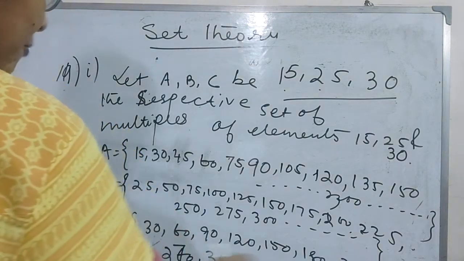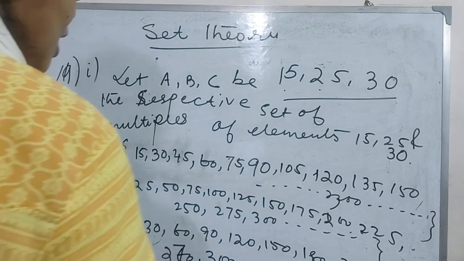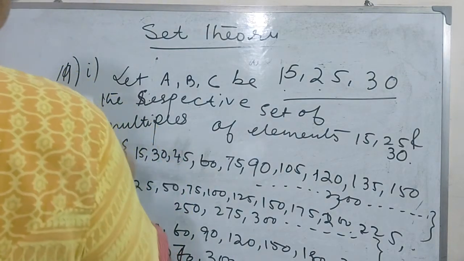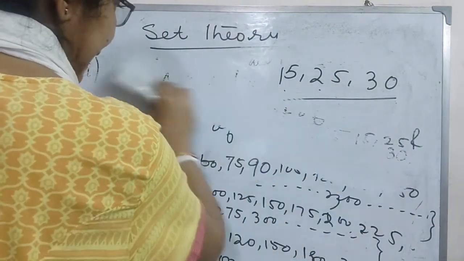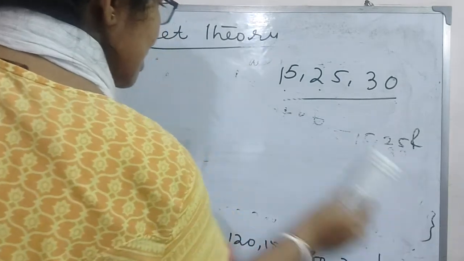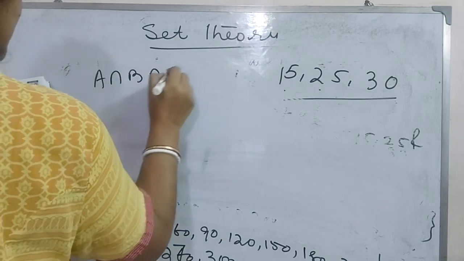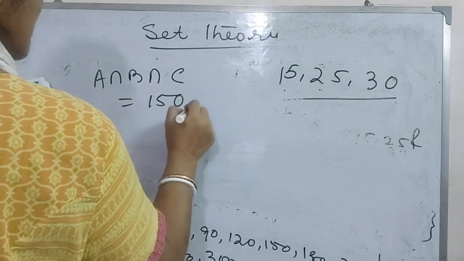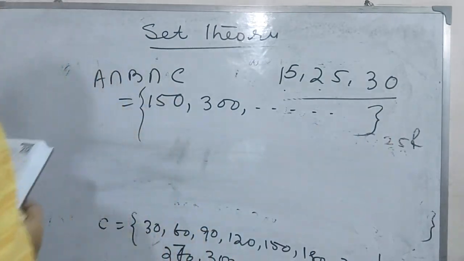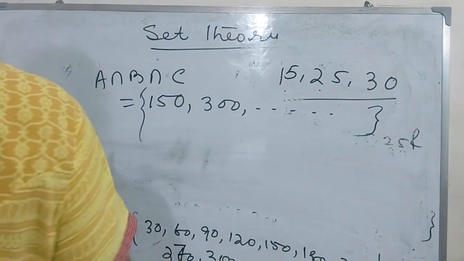This is the table of 30, this is the table of 25 and this is the table of 15. So from here, by the definition of the intersection of the sets, A intersection B intersection C equals 150, 300 and so on, that is the multiples of 150.